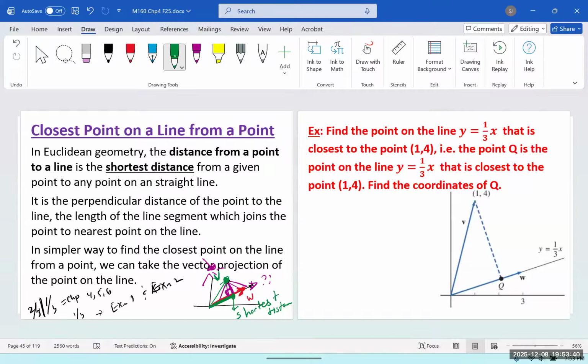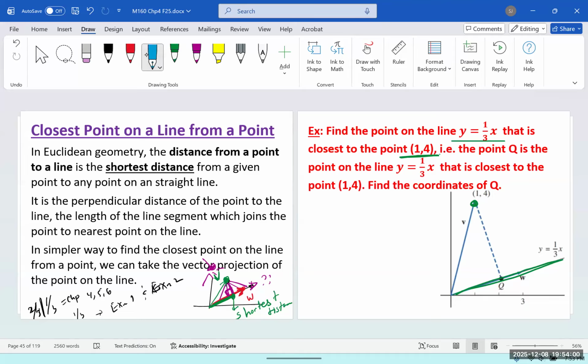So for example, we have a line y equals 1/3 of x, and they gave us a point (1, 4). So this is the point (1, 4), and this is the line y = 1/3 x.